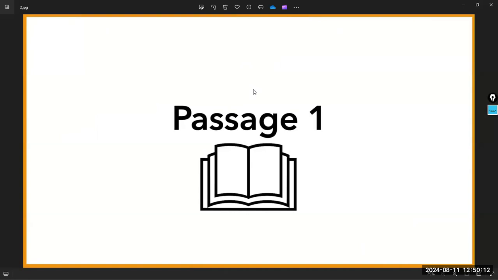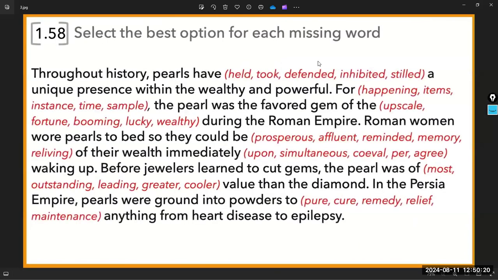Absolutely, after finishing this 1 minute, I'm going to show you the correct words that you have to select. So this is passage number 1. Please now read the passage carefully and select the best option for each missing word. And I told you that I want to give you 1 minute. So time starts.